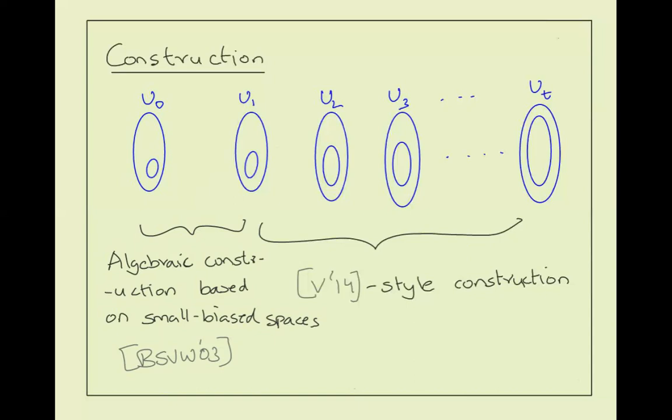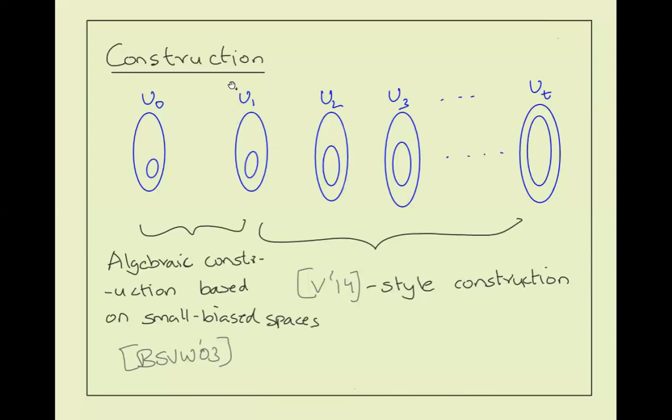And we use a certain way of using small bias spaces to simulate pairwise independence, motivated by some work in the PCP literature from Ben-Sasson, Sudan, Vadhan, and Wigderson. And we pair this together with this Viola-style construction to get this construction of neighborhood complement graphs that is useful in our circuit construction.